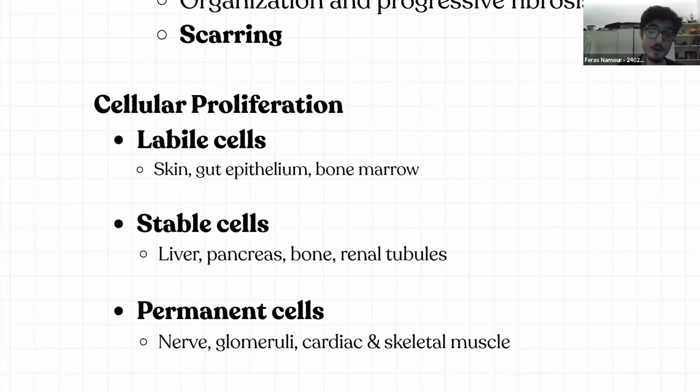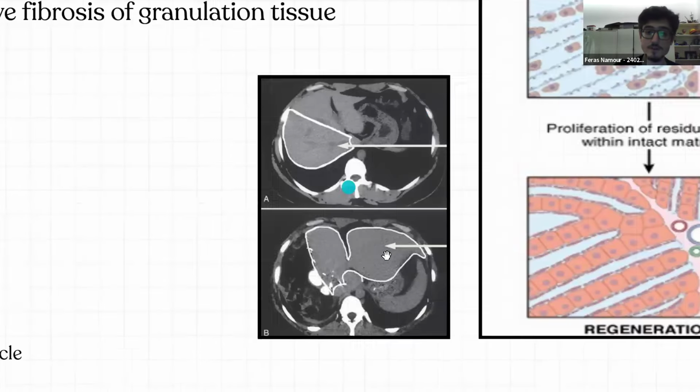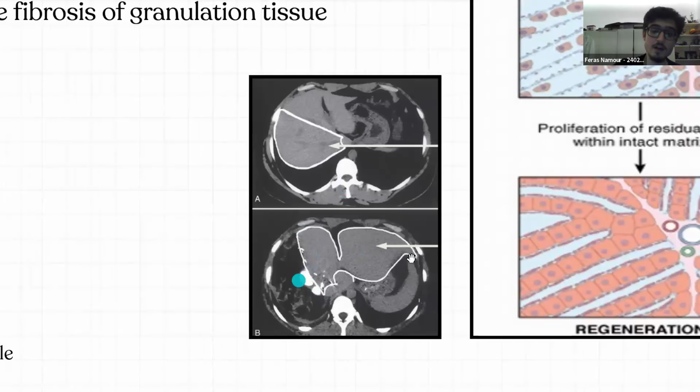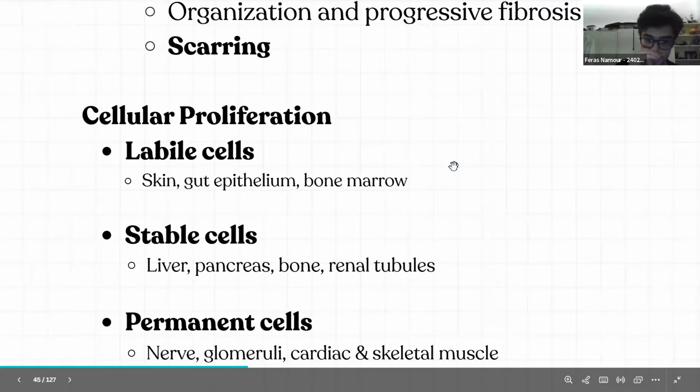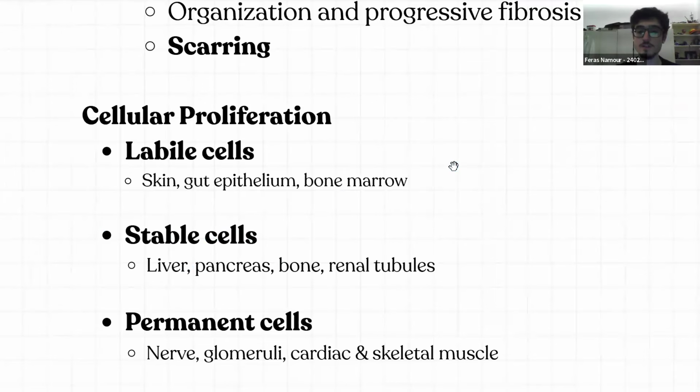As we said in the liver, when my guy had half of his liver gone, the other half had to compensate and grew itself again. This is hyperplasia of the liver, and it's a byproduct of stable cells. And permanent cells, which are the biggest problem, cannot regenerate. They can only repair. So if you have a brain injury, a nerve injury, a muscle or even a heart injury, only repair through scarring.